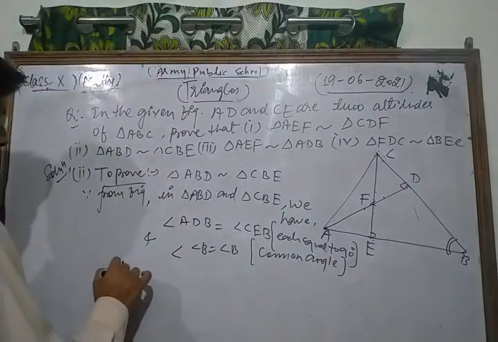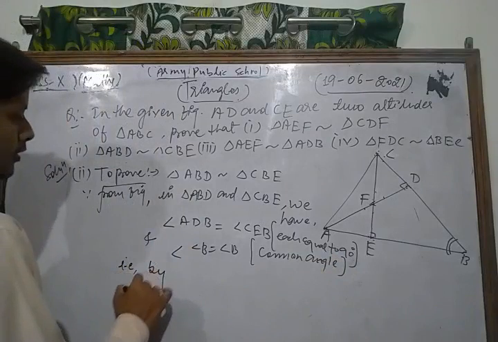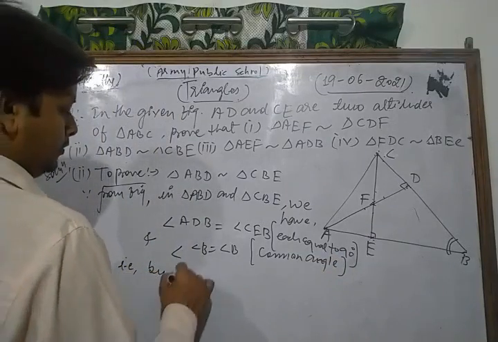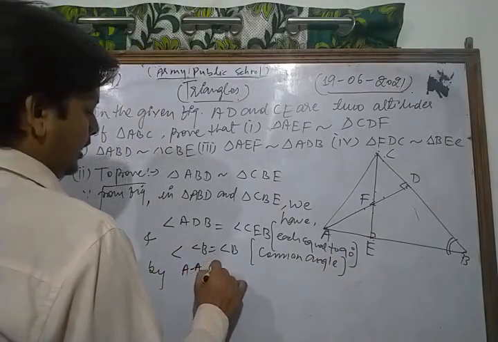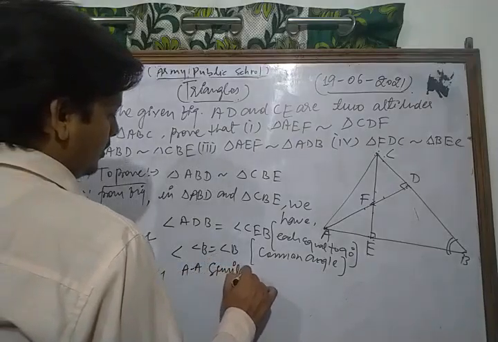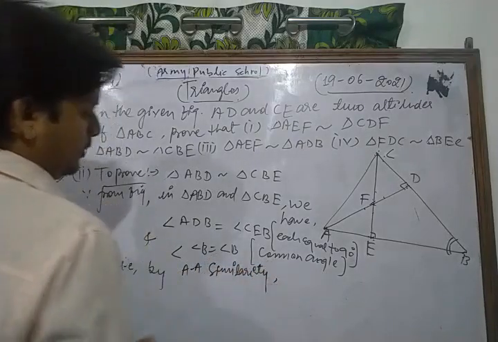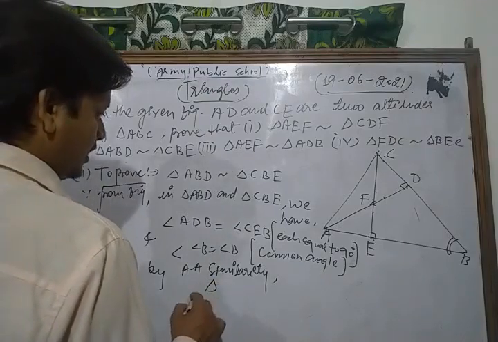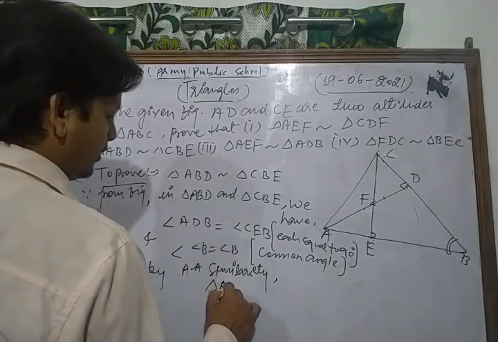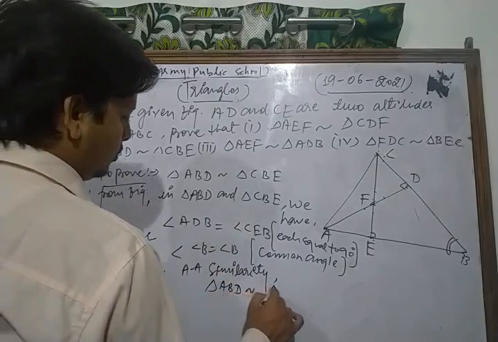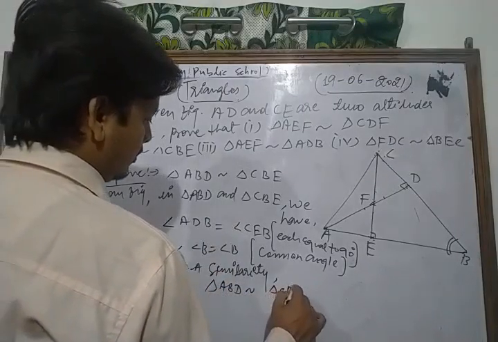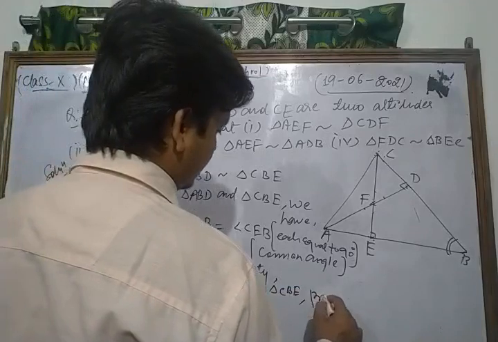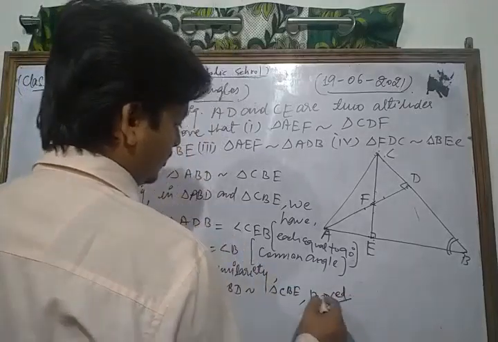That is, by AA similarity. Thus, by AA similarity, triangle ABD is similar to triangle CBE. Hence proved.